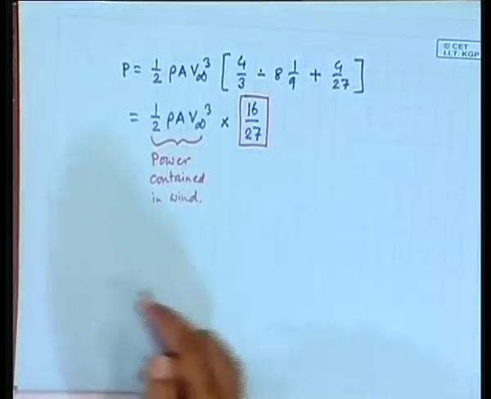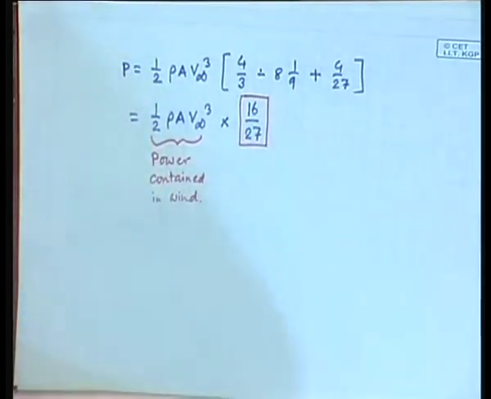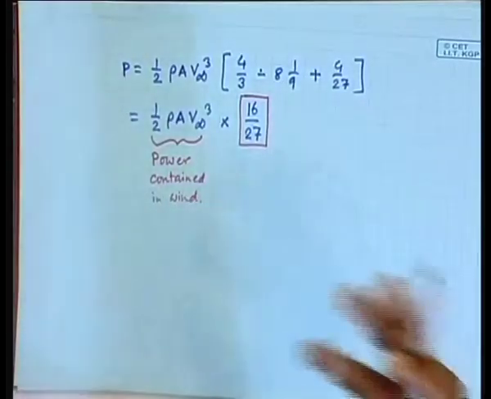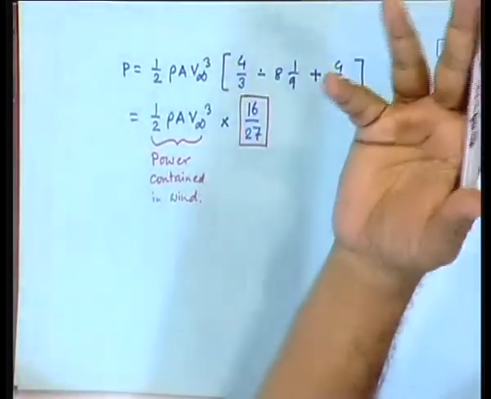Okay. So 16 by 27, it's not like 1 minus T2 by T1 where you needed to know T2 and T1. Here it is a hard number, 16 by 27.